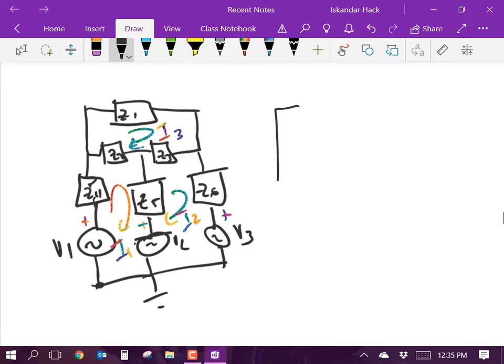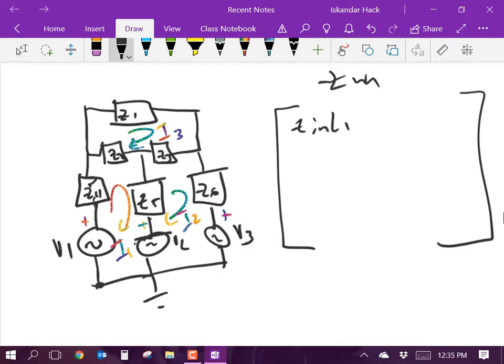My matrix looks like this, and I'm going to call this the Z matrix, made up of all that there. This is all the impedance in loop 1. This is all the impedance shared between loop 1 and 2, and this is all the impedance shared between 1 and 3.